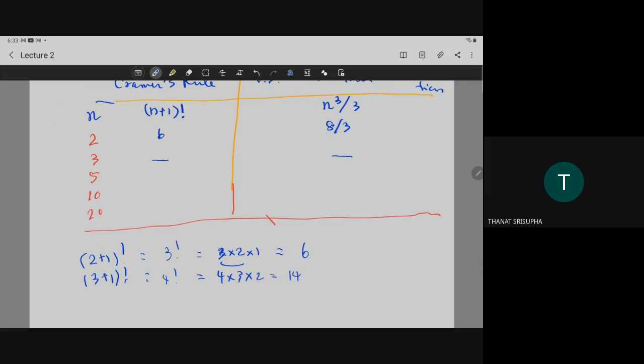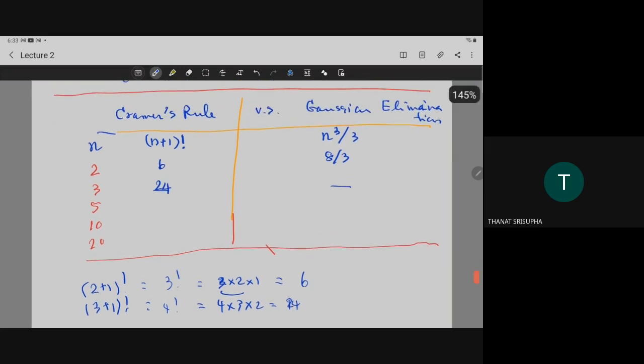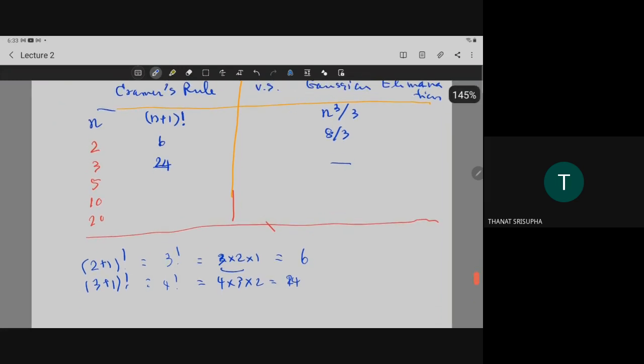So you get 24. How about on the right-hand side? 9. Okay, so it's 3 cubed divided by 3, which is 3 squared, right? So it's 9.